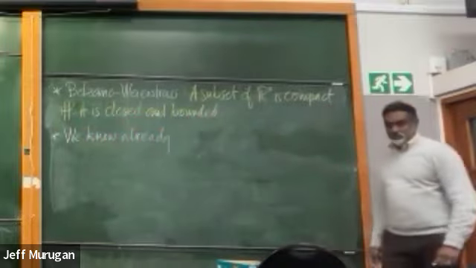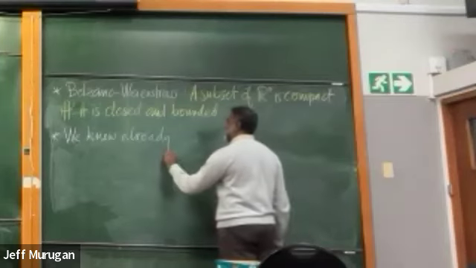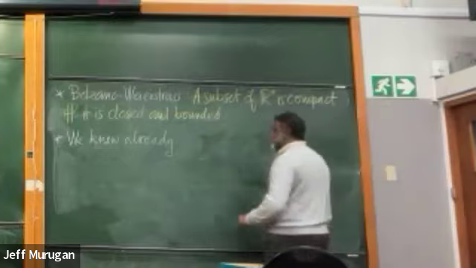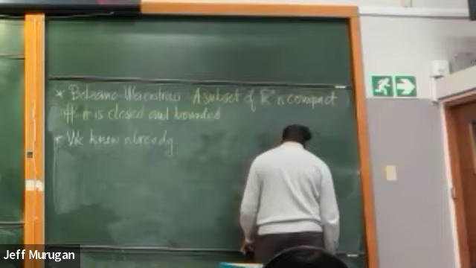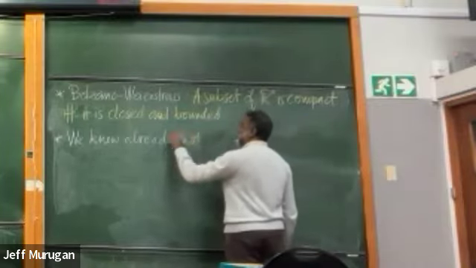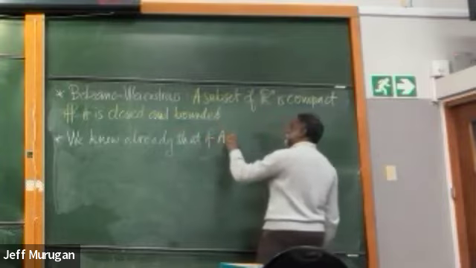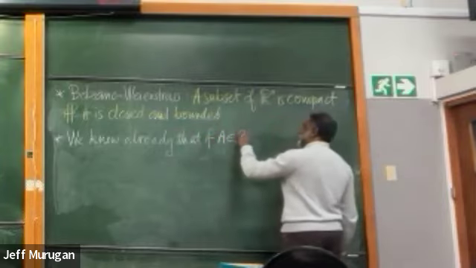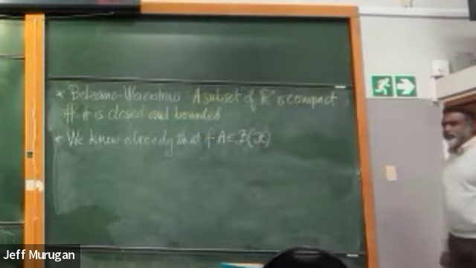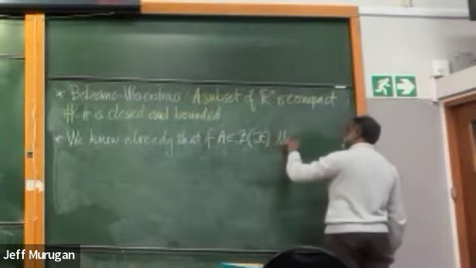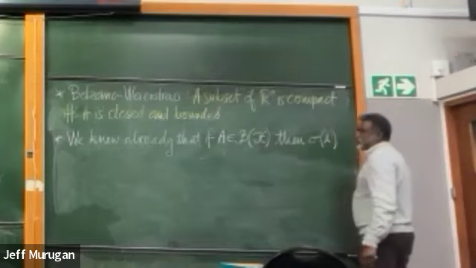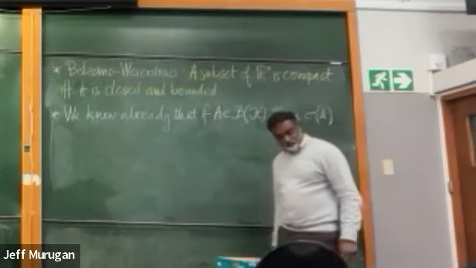We know already from things we've said earlier that if A is a bounded linear operator in Hilbert space H, then the spectrum of A is closed and bounded.